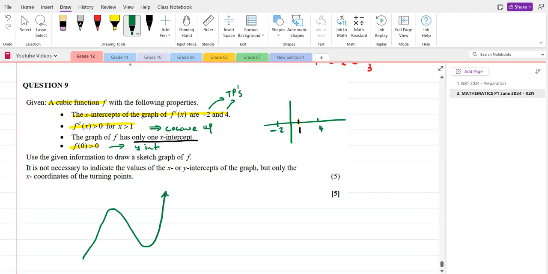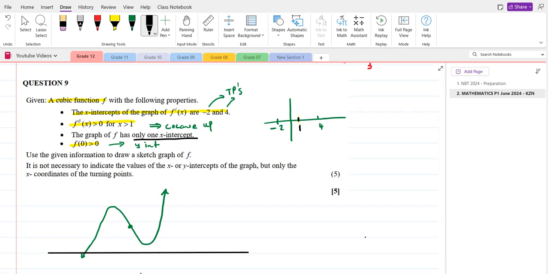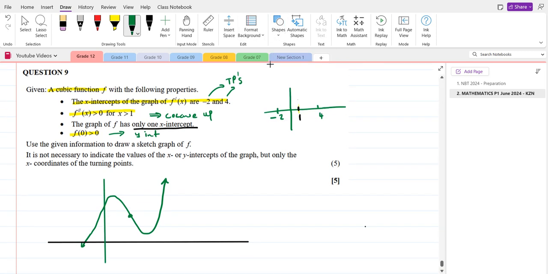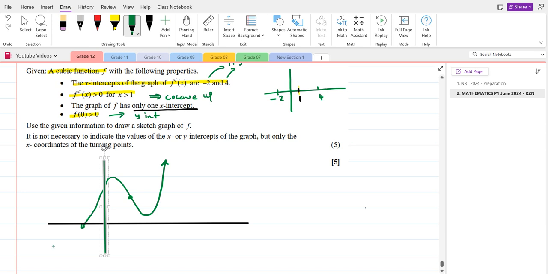Yes, it is this one, because we can say this is 1, right? Okay, so now because it has only one x-intercept, I'll put the x-intercept here. Perfect, right? And then I'll put this line somewhere around here. Can I put the line there, the y-axis? No, I'll put the y-axis here.